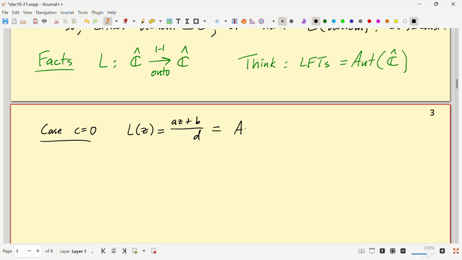And so I can write that as (az + b) over d. That's a very simple linear map. And what do we see here? We see that L of infinity is infinity.